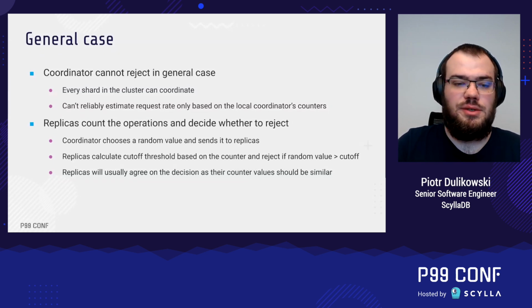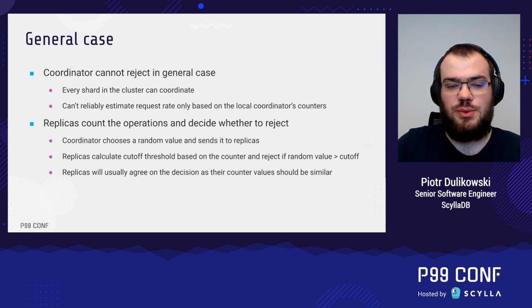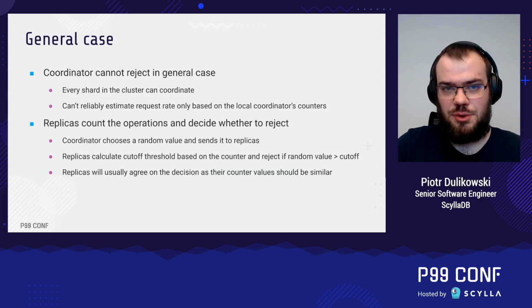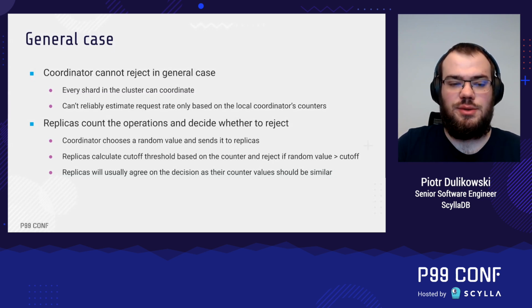The coordinator chooses a random number between 0 and 1 and sends it along with the request to replicas. Replicas compute the probability of acceptance and reject only if the random number is above the computed probability. The probability directly depends on the current value of the partition's hit count on the replica, but they are usually very close to each other on the replicas.